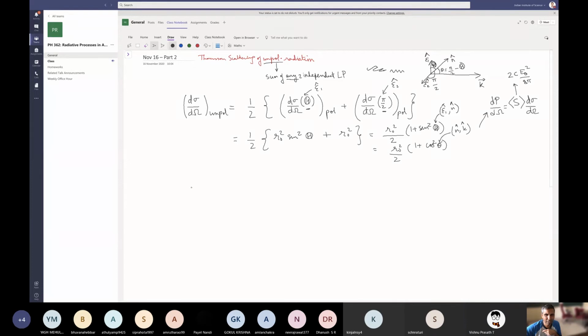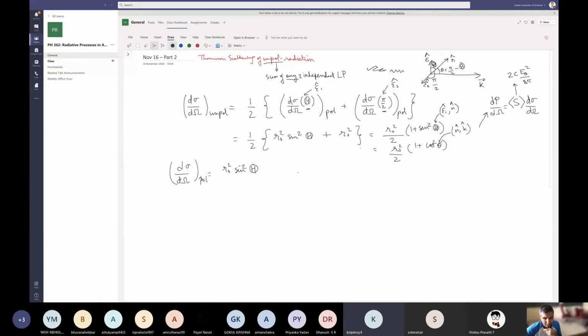So you may have to read it a little bit just to absorb it. So what are the properties? If you recall, dσ/dΩ polarized was r0 squared sin squared capital theta.